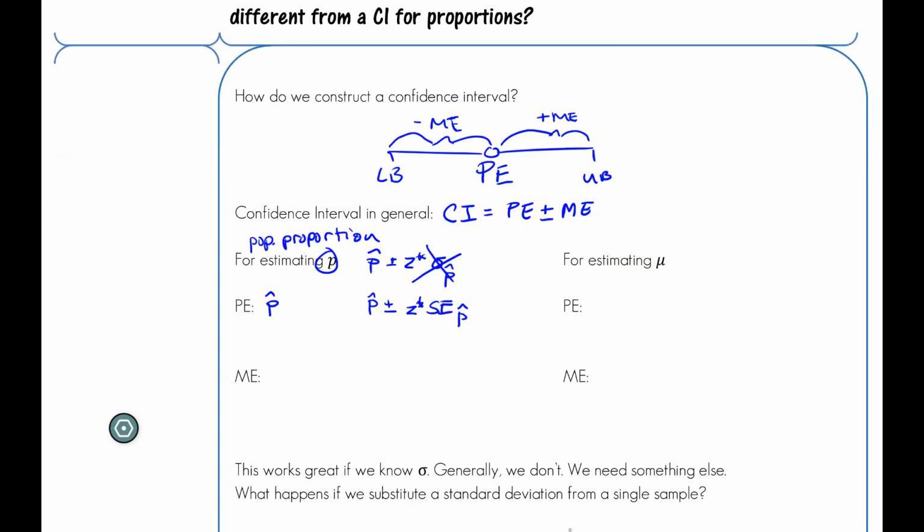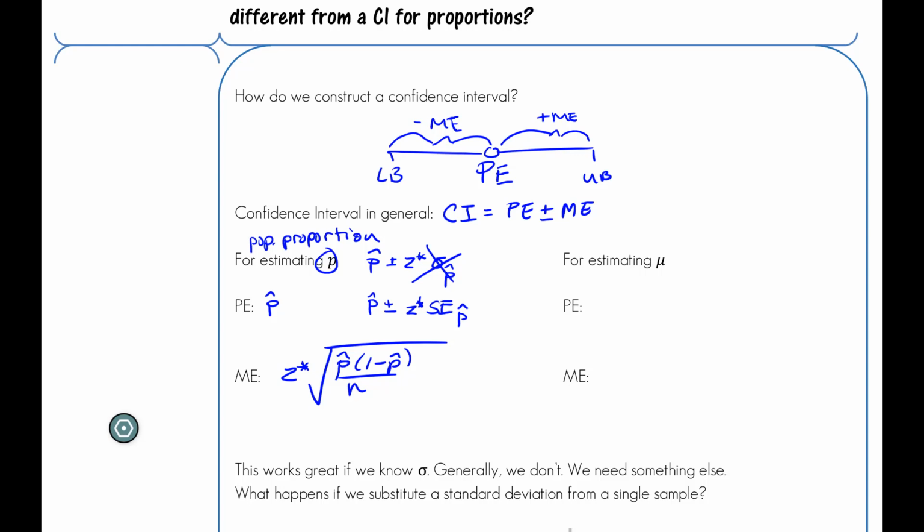And the standard error of p hat was pretty simple, right? It's changing our margin of error formula to this critical value z star times the square root of, instead of p times 1 minus p, p hat times 1 minus p hat, all over n. So those are the different components that make up the confidence interval for proportions.